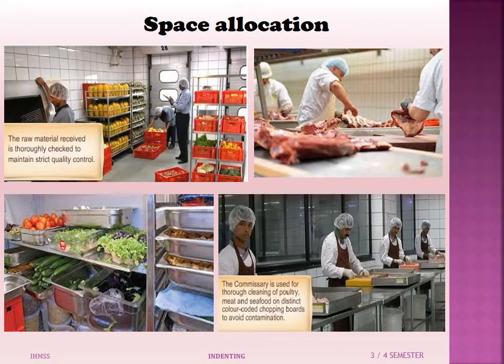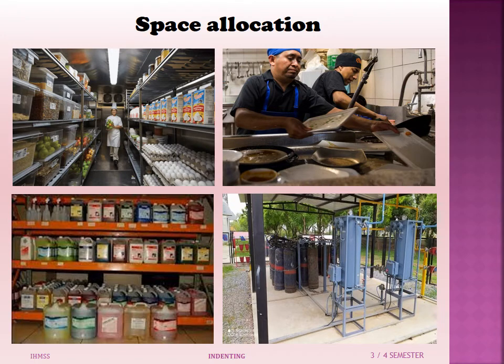Space allocation, the continuation. Here are a few pictures shown for a clearer idea. Space allocation again: where the things have been kept and what are the spaces required for the allocations.